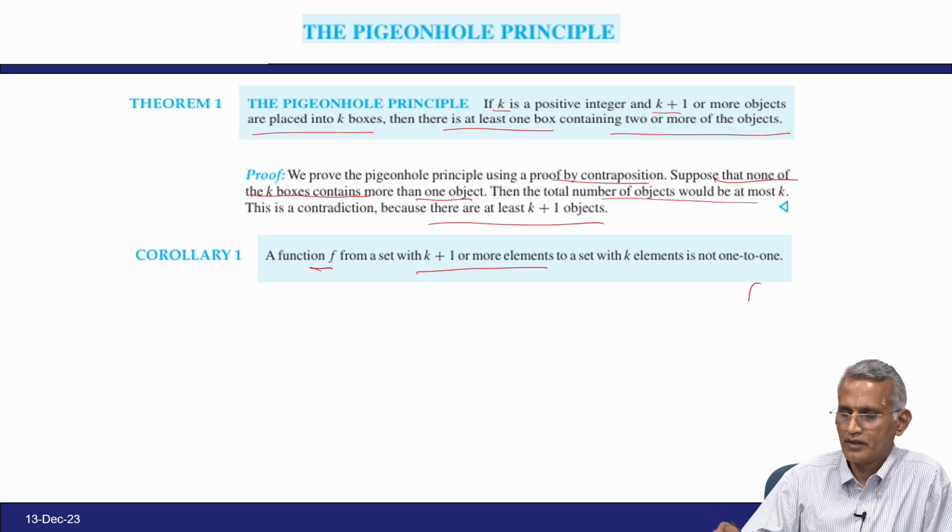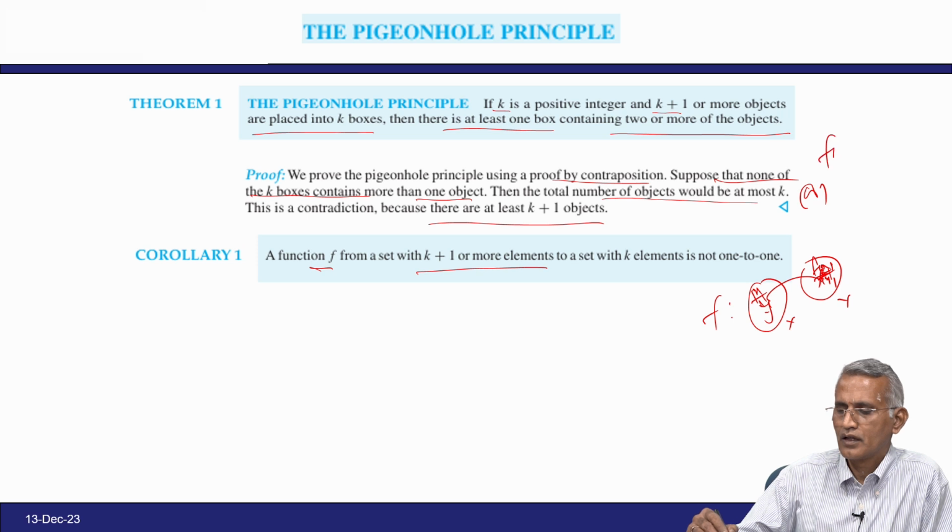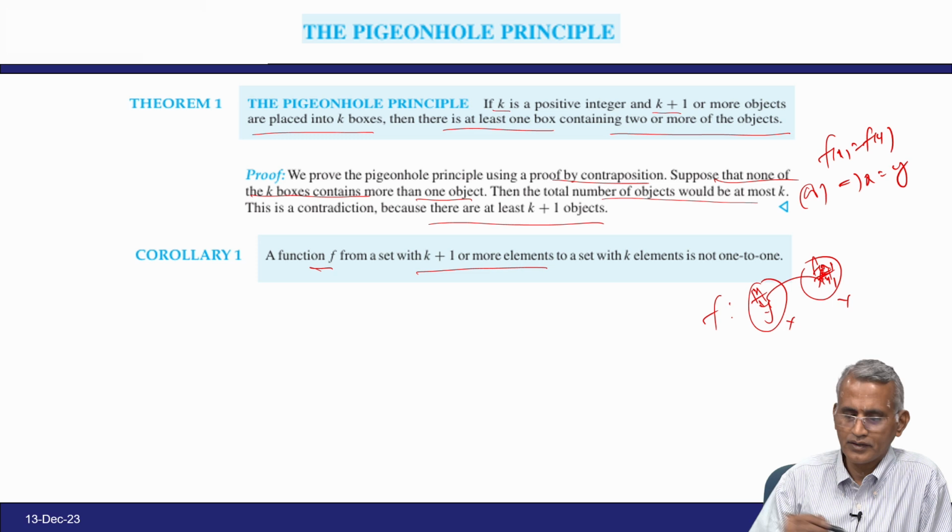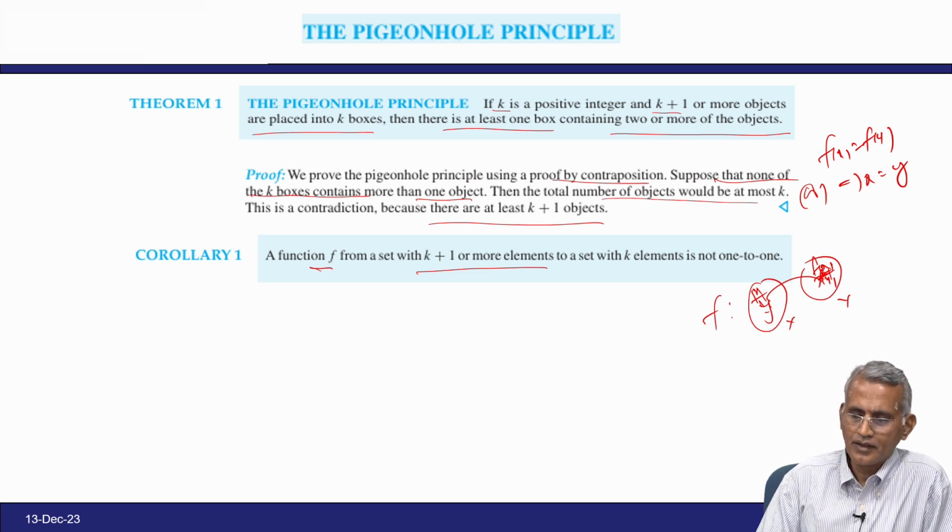One to one mapping, as we already discussed, means a map f such that f of x equal to f of y implies x equal to y, or x not equal to y implies f of x not equal to f of y. So, using this condition, then it is one to one. If it does not obey, then it is not one to one.